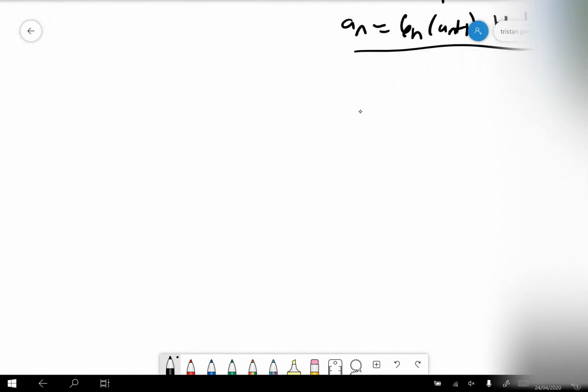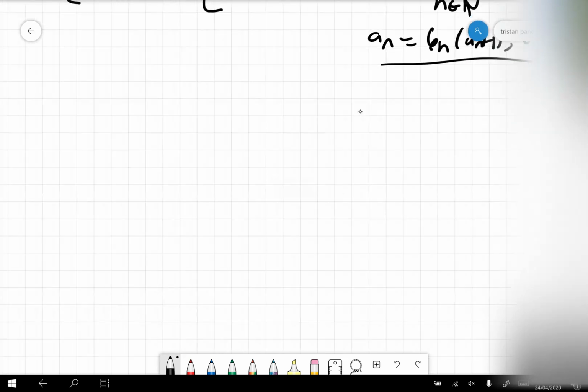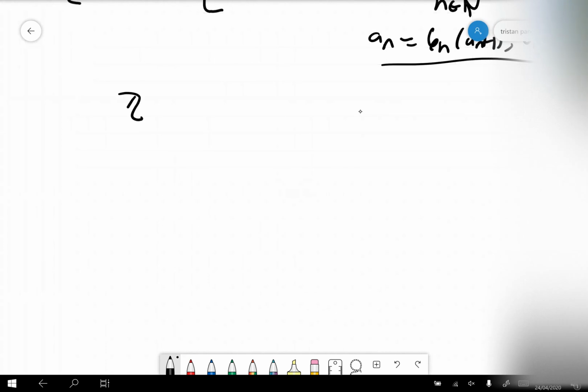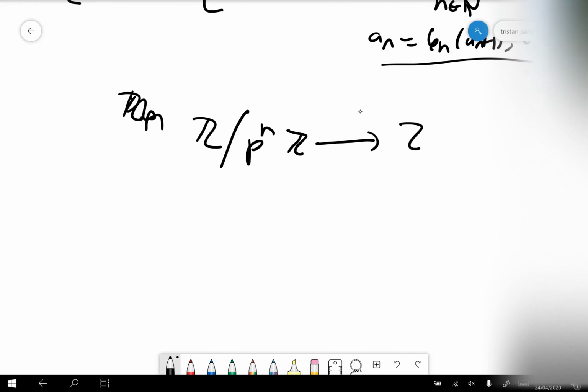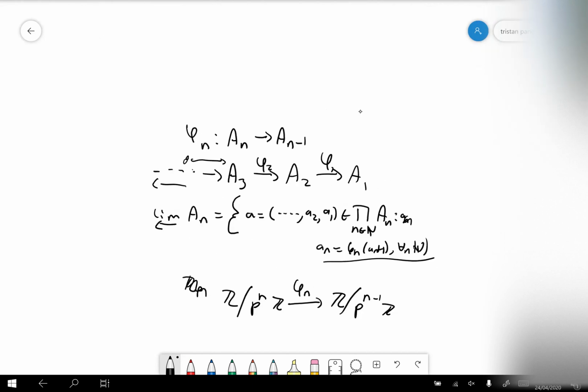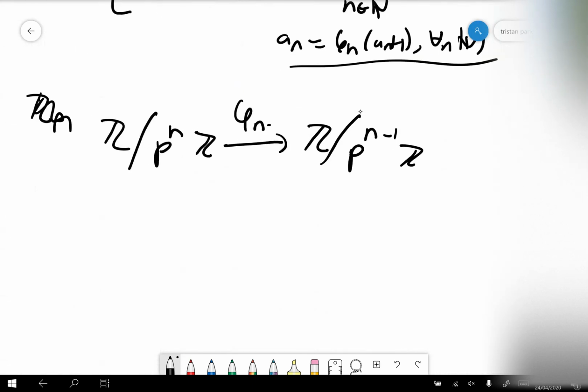And this will become clear what we're doing if we take each A_n as the Z over p^n Z. So we take this ring here, and then we pass it down to n minus 1, like that, through a homomorphism phi_n that we call phi_{n-1}, where phi_{n-1} is the normal homomorphism.